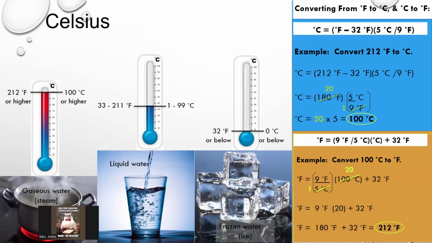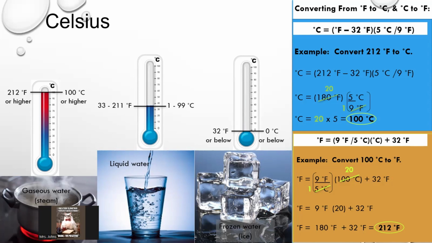All right, now Celsius. We're used to Fahrenheit temperatures probably, but I'm sure you've learned some about Celsius. 212 degrees Fahrenheit is the temperature at which water boils, but 100 degrees Celsius is the Celsius temperature at which it boils. And water will be a gas at any temperature higher than those temperatures.